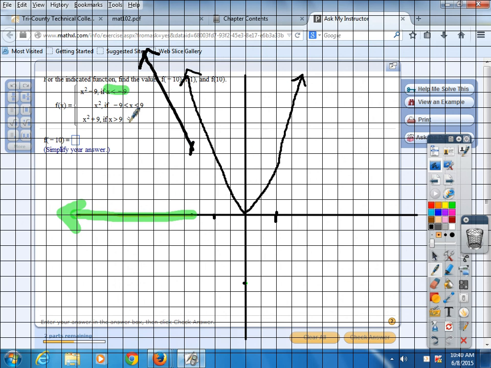But what does it say? It only wants values from -9 to +9. So does it equal -9 or positive 9? No, it doesn't. So that's an open what? Circle. So we're going to put an open circle here at -9 and an open circle up at 9.